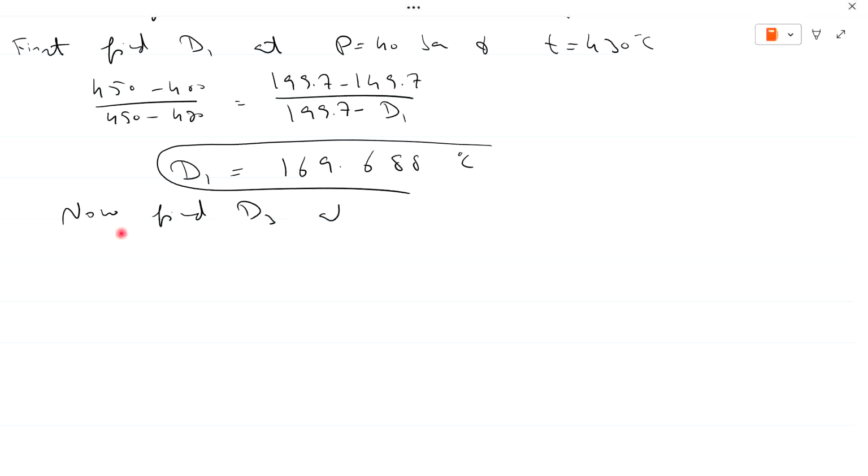Now find D2 at pressure equal to 50 bar and temperature equal to 420 degree centigrade.